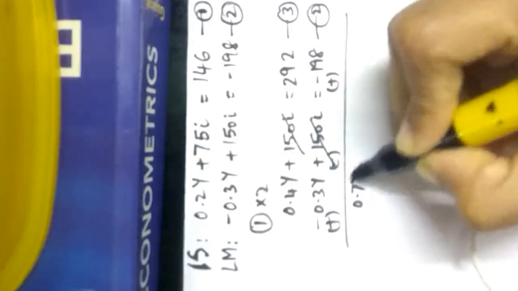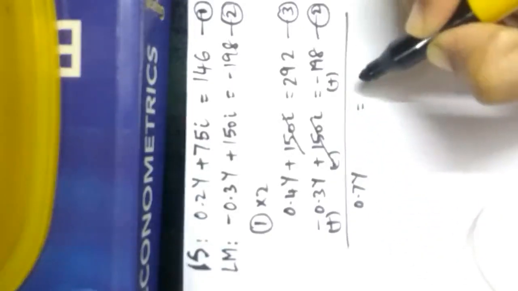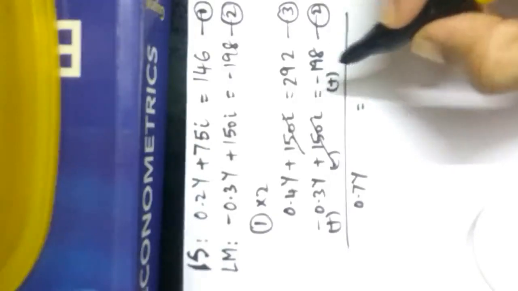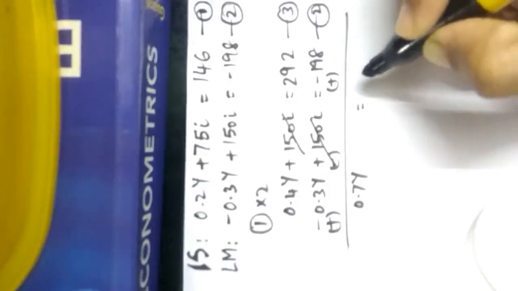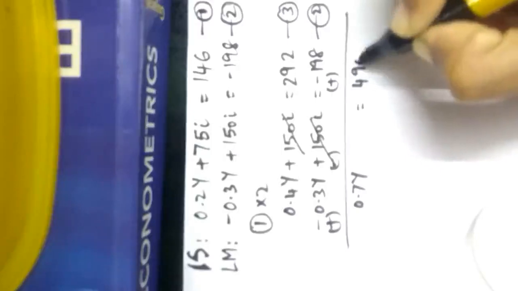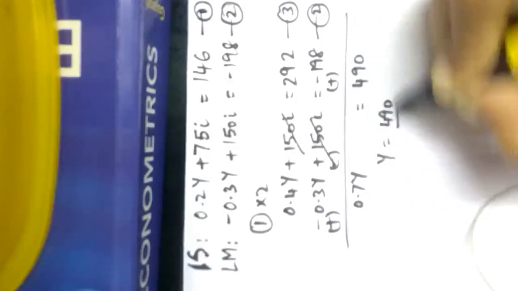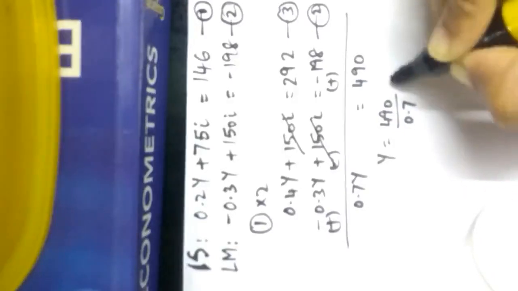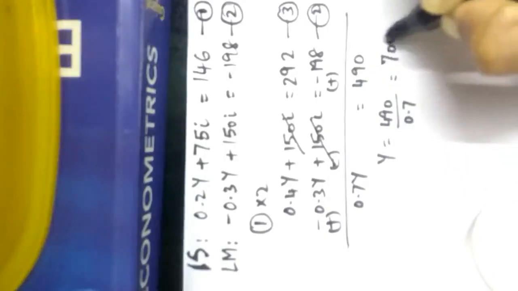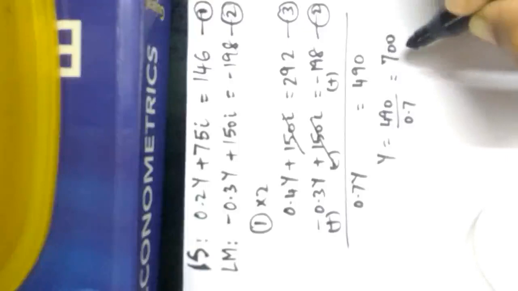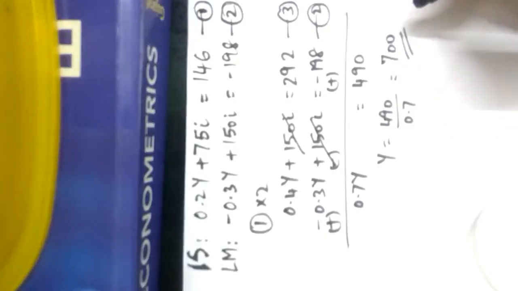I will get 0.7Y is equal to 490, or Y is equal to 490 divided by 0.7, which is equal to 700. So IS and LM intersect when national income is equal to 700 units.